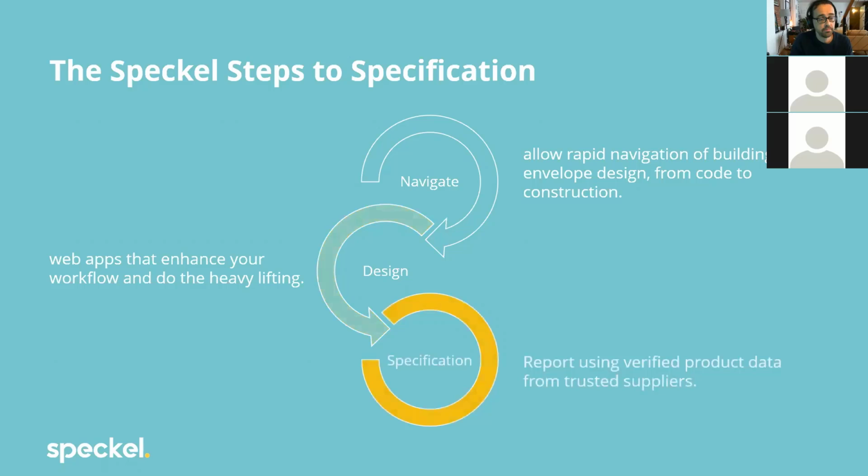And then the final step is about specification. Now, specification has always been the end focus, the end product, if you like, of the workflow that we've envisaged from day one, because specification is effectively why we're called Speckle. SPEC comes from specification, and we want specification to be fully verifiable.